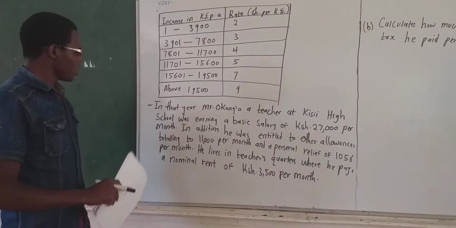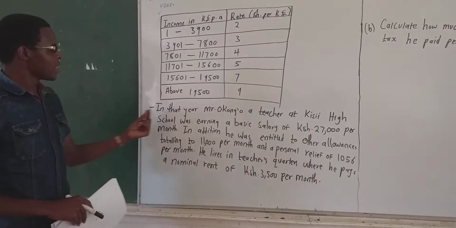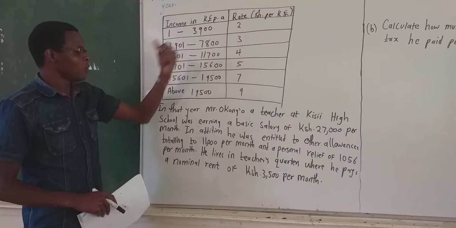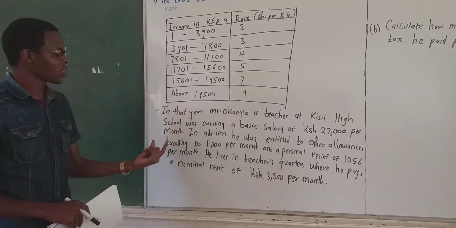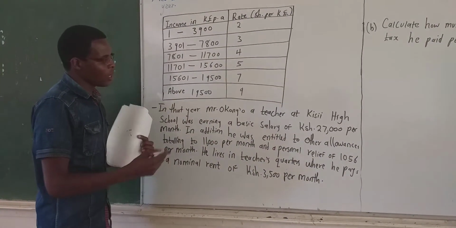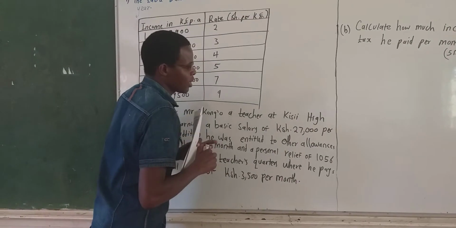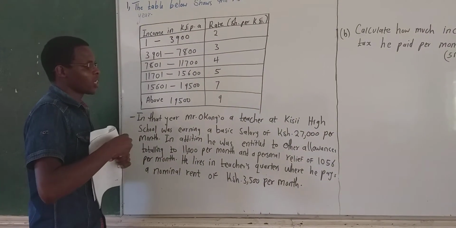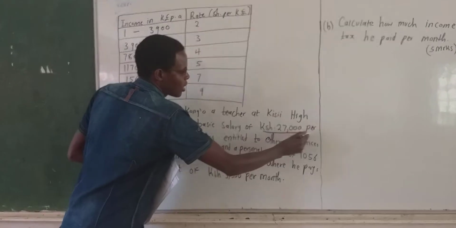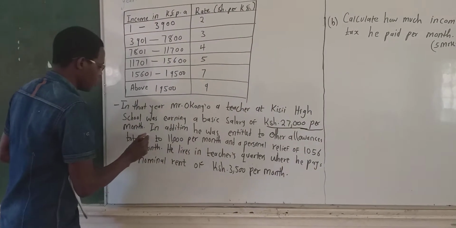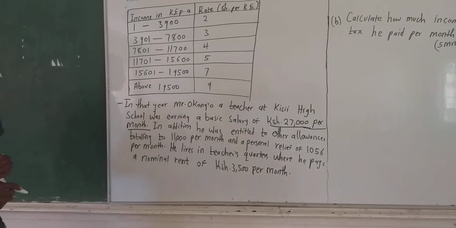Now, let us try to read the question. In that year whereby this table was used, Mr. Okomo, a teacher at this high school, was earning a basic salary of 27,000 per month.